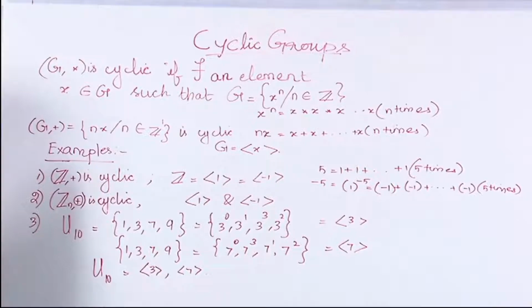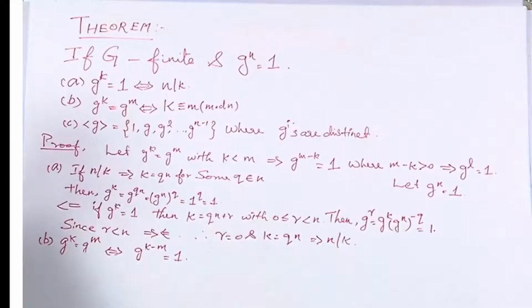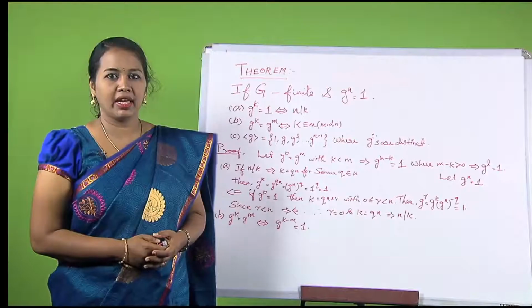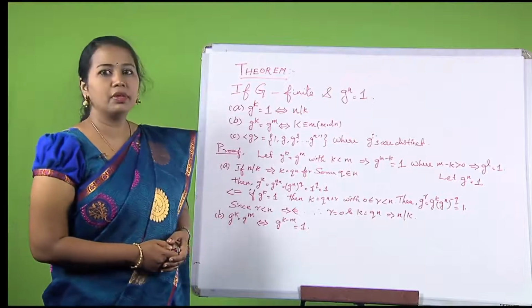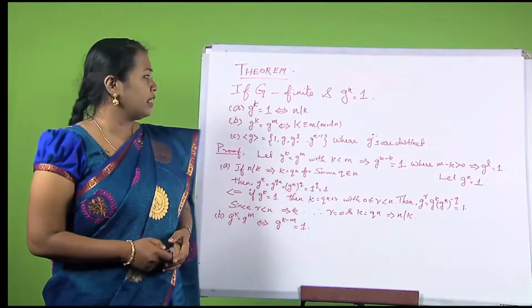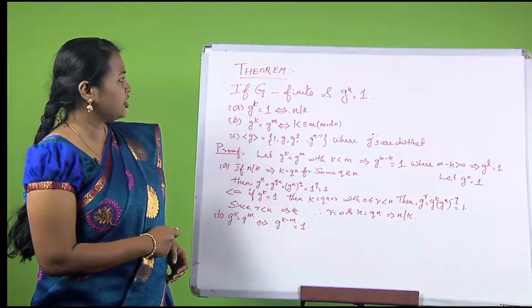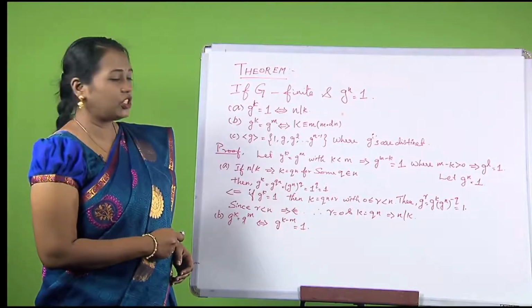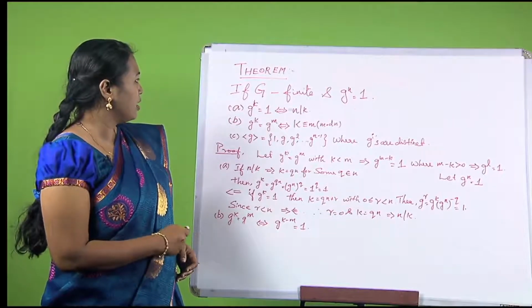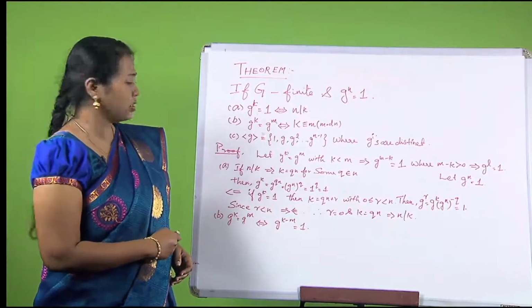Now, we shall see some theorems. Let g be an element of a group G. Then there are two possibilities for the cyclic subgroup generated by g. Case 1, the cyclic subgroup is a finite group. In this case, there exists an integer n such that g power n is equal to 1, and these three properties hold.